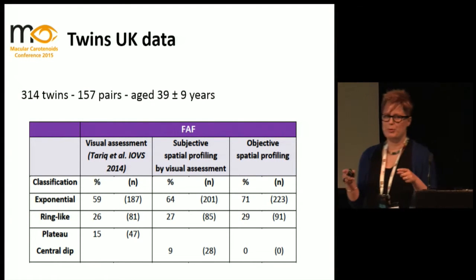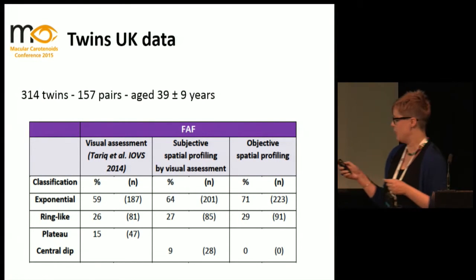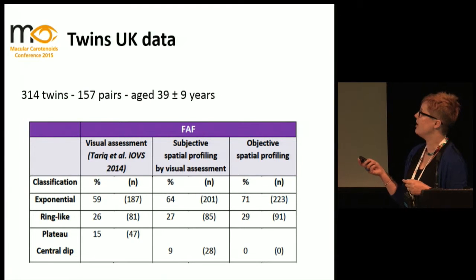So this problem becomes even more apparent when we started to reanalyze 314 FAF images using our objective spatial profiling. And then we compared that, and this was a study that was published in 2014 by Tarek and colleagues.